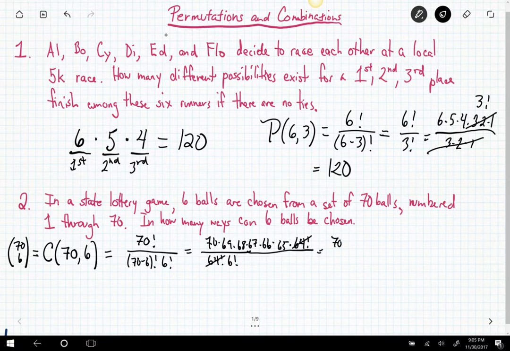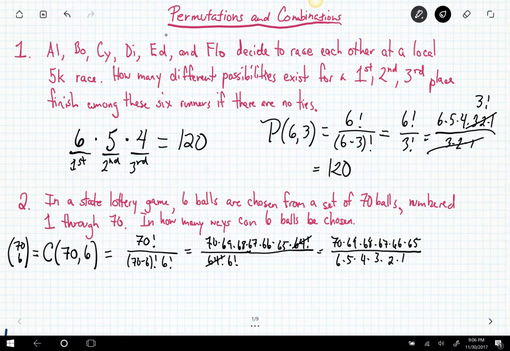And we're left with 70 times 69 times 68 times 67 times 66 times 65, all over 6 times 5 times 4 times 3 times 2 times 1.